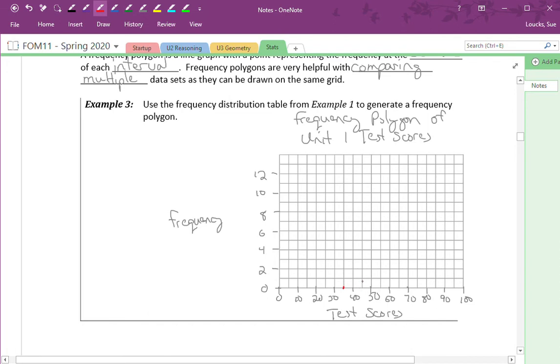So halfway between there, I'm going to put a dot at the 3. And then we had 5 between 50 and 60, so I'll put a dot at the 5. And then between 60 and 70, it went up to 11, and then it came down to 4, and 4, and 1.